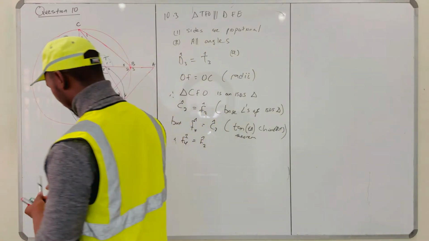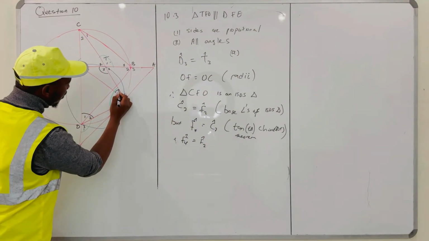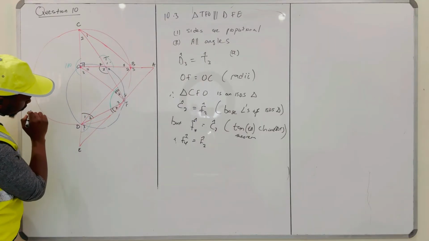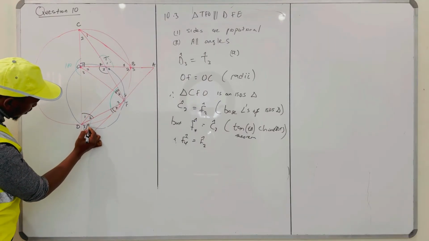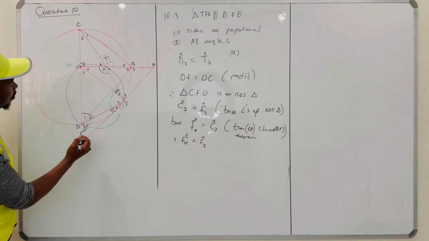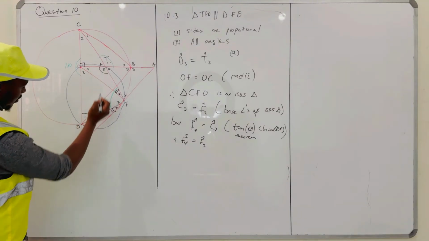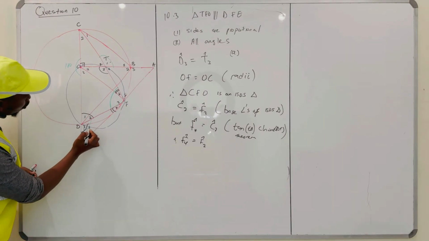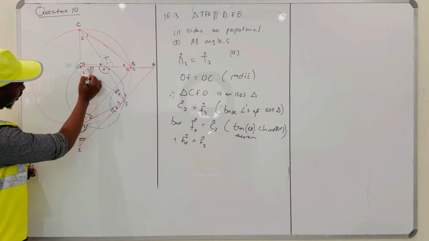So if this angle is the same as this one, and this angle here we said is the same as T3. Yes. Then indeed, this one should be equal to this angle here. Why?